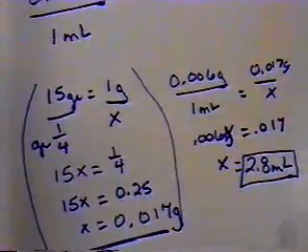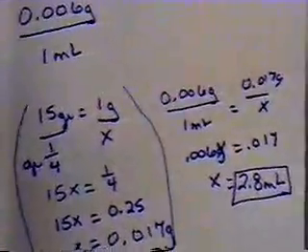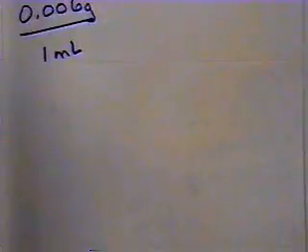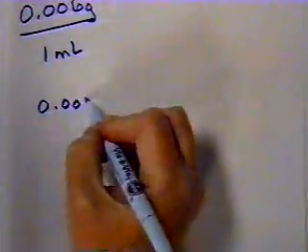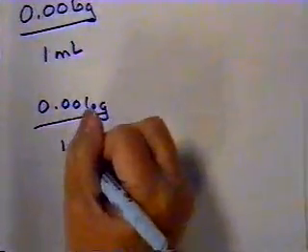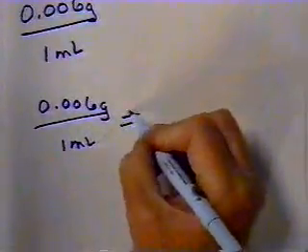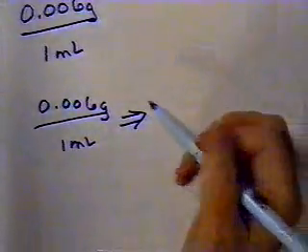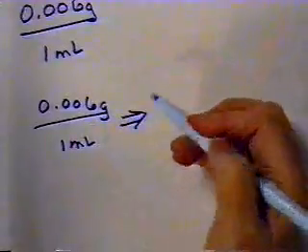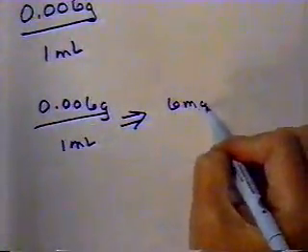Now, this problem could have also been worked another method. Anytime you have a very small amount, it's okay to change it to milligrams. If you move this over to milligrams, you would have 6 milligrams.